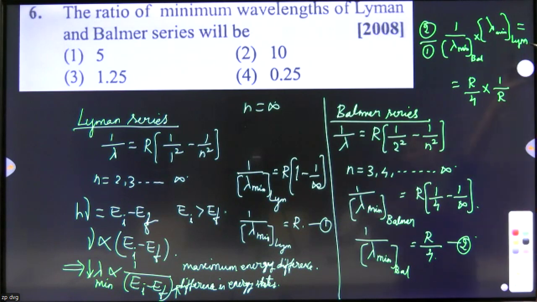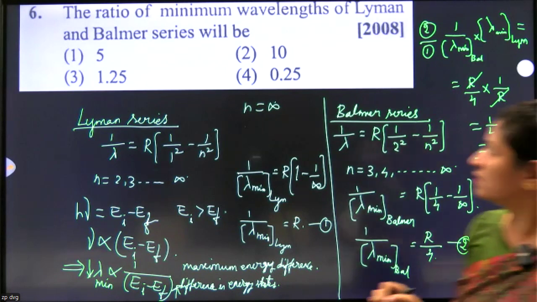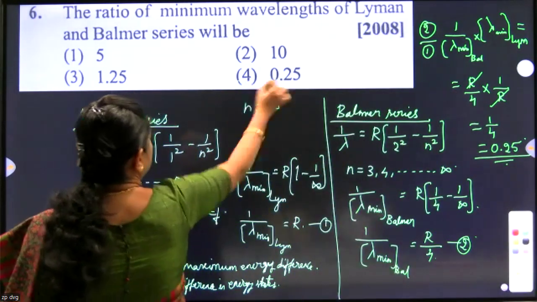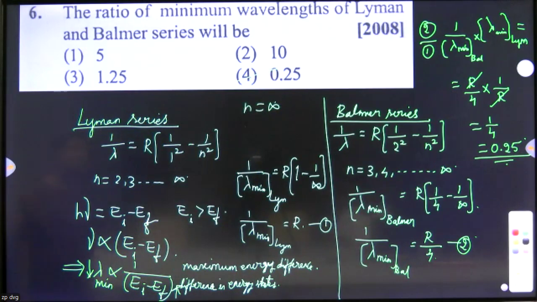Lambda minimum of Lyman series becomes 1/R. Here R gets cancelled. 1/4 is equal to 0.25. 0.25 is the answer. That means the fourth option is the answer.